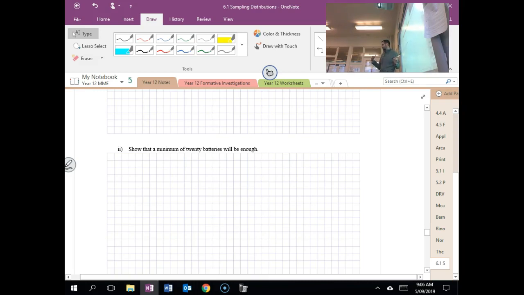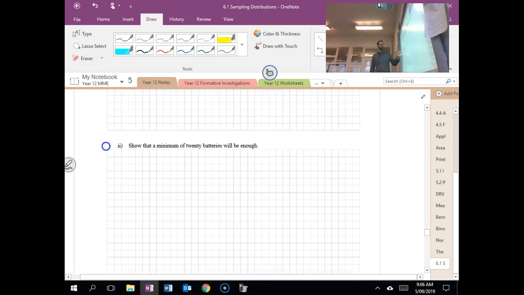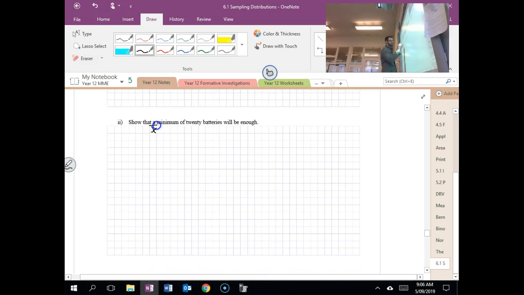So to show that a minimum of 20 is actually enough, we need to show that 19 is not enough. So S19 is normally distributed with a mean of 19 times 10.85 and a standard deviation of the square root of 19 times 1.35.